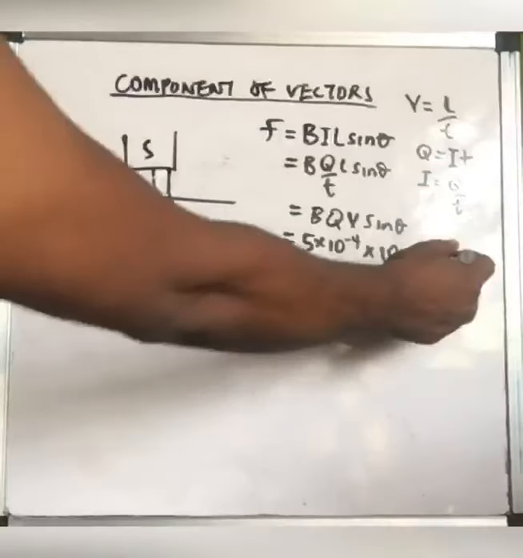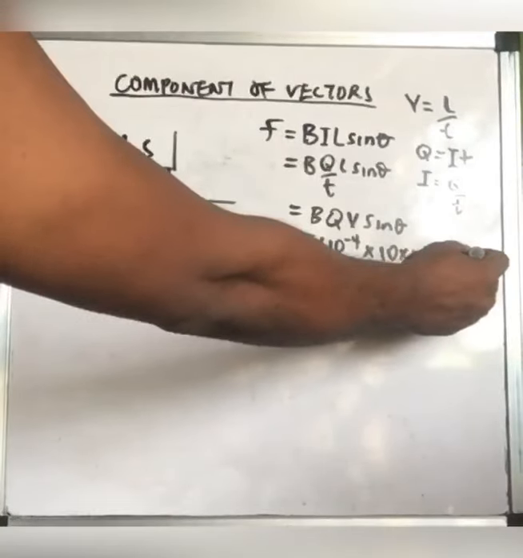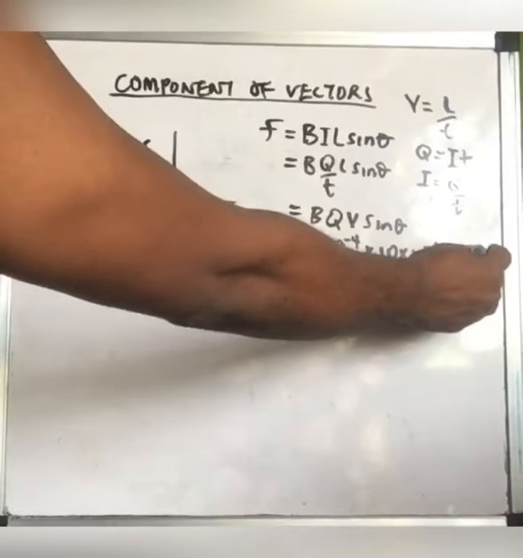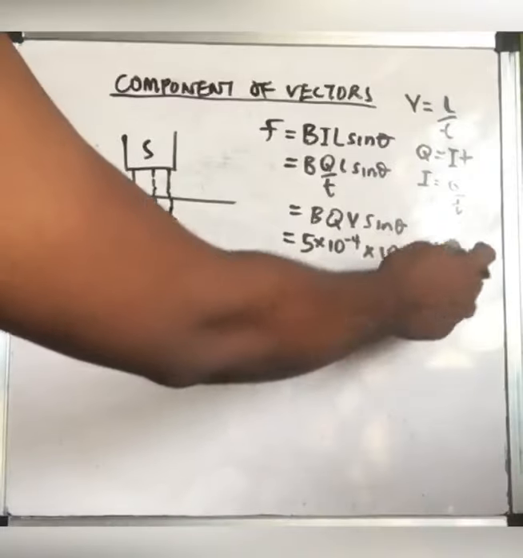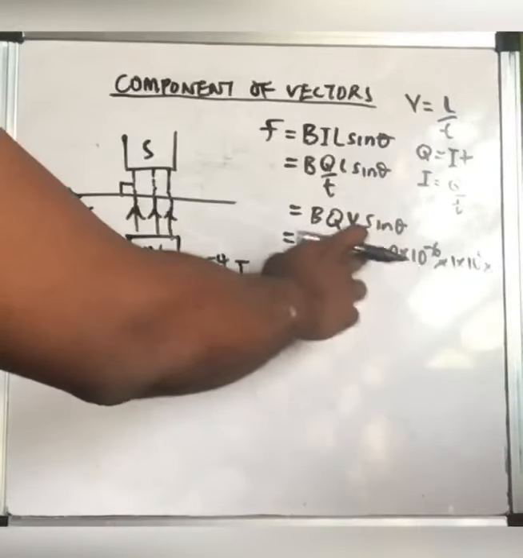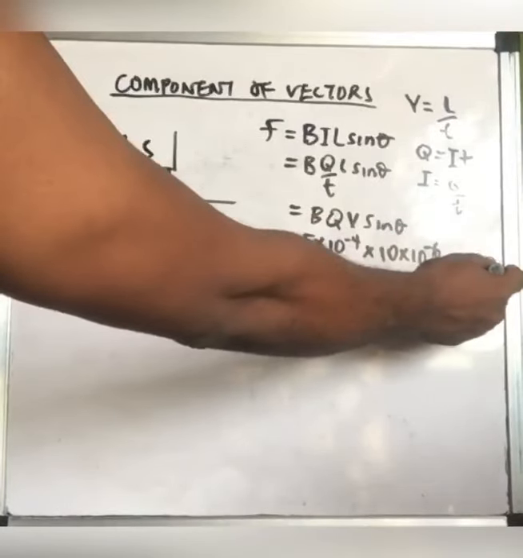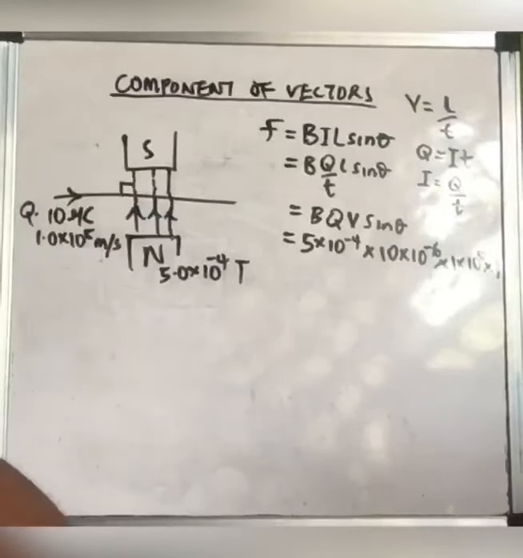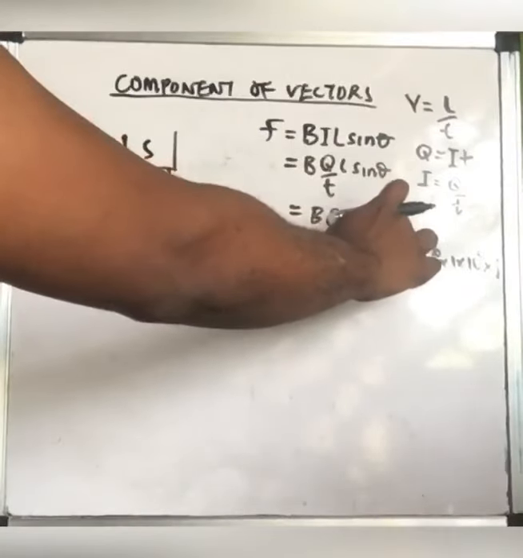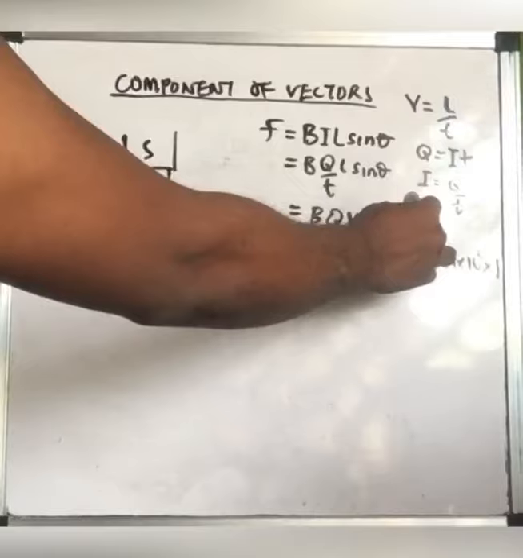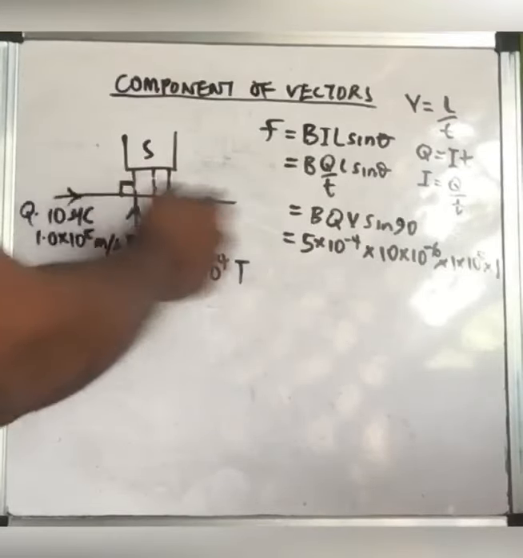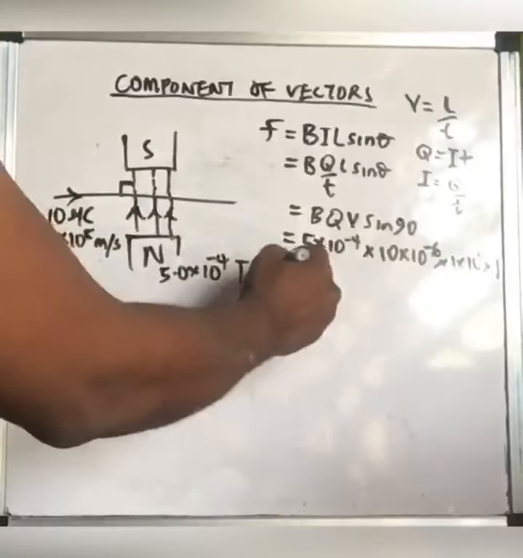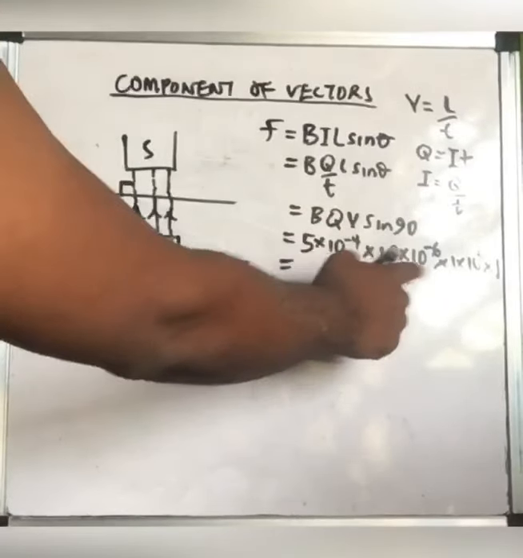Then our velocity is 1 exponential 5 times sine theta, which is sine 90. Sine 90 is 1 because it is perpendicular, which gives us 1. So 5 times 10 times 1 is 50.